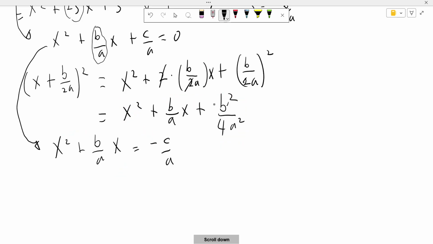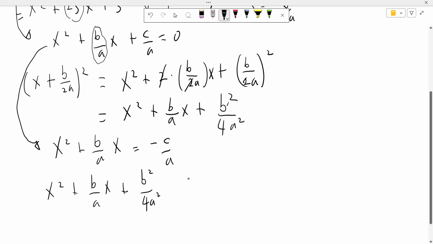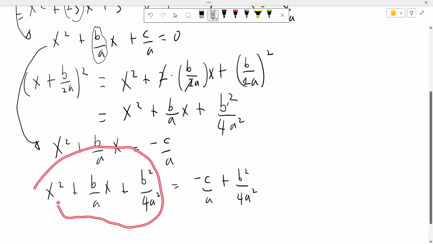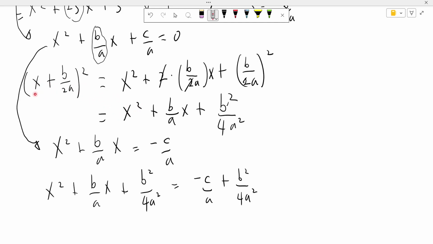Well, you can just simply add this. And you have to do that to both sides. Okay, now notice that this is looking exactly the same as this. And where is this from? This was from expanding the square of a binomial, the identity.